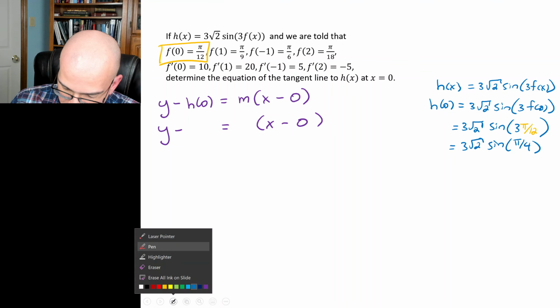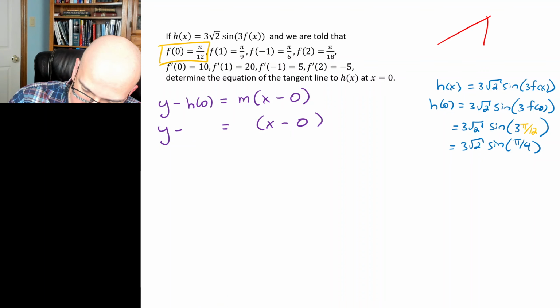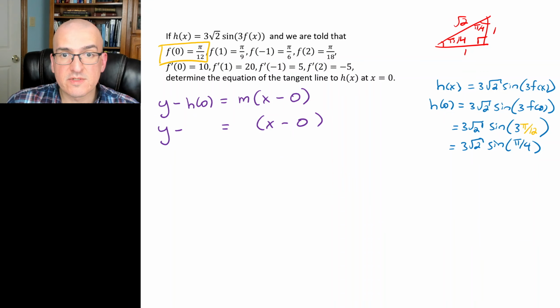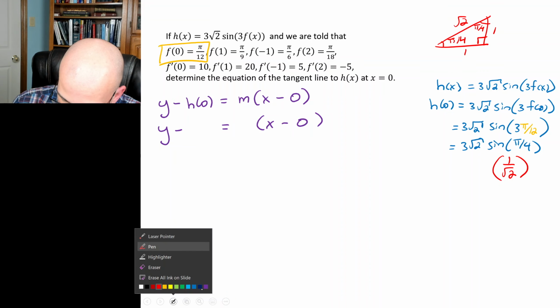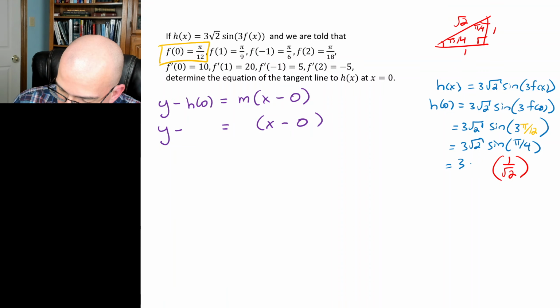We have to use one of our special triangles, our pi over 4 triangle. And sine is opposite over hypotenuse, so we get 1 over root 2. So we have 3 times root 2 divided by root 2. The root 2's cancel, we just get a 3.